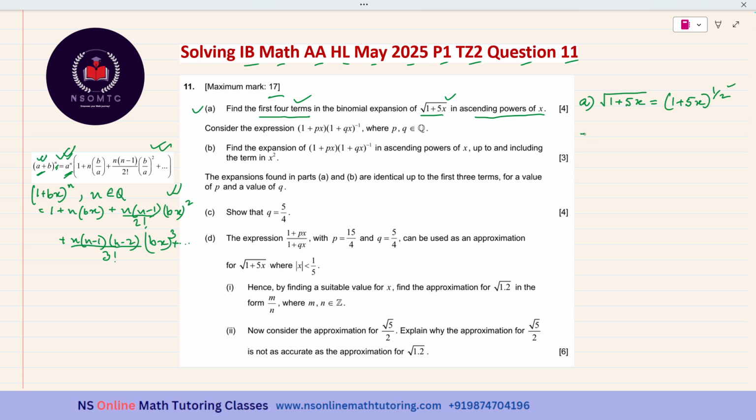So this will be equal to 1 plus, n is half in this case, and bx is 5x.